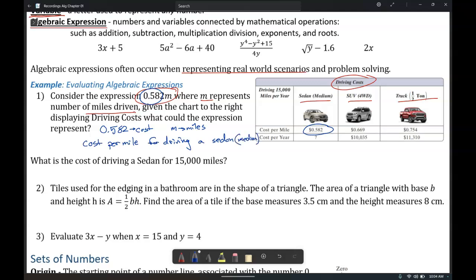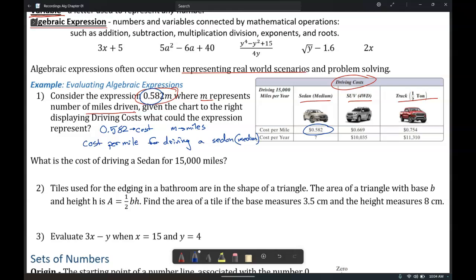A medium-sized sedan, that is our average cost of driving when we're driving 15,000 miles per year. So we can ask, what is the cost of driving a sedan for 15,000 miles?